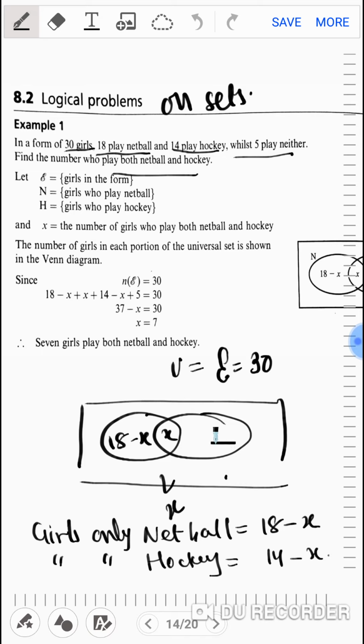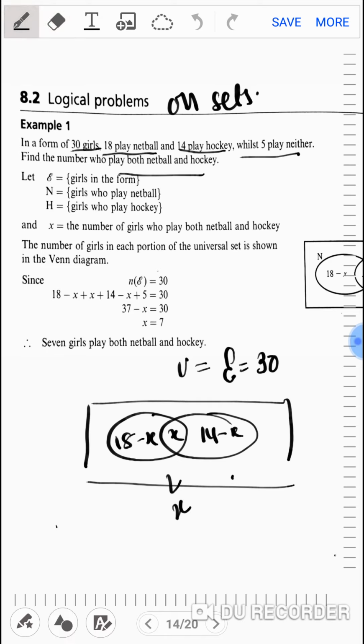I'll give you a formula now and you just have to substitute the values. This is your N, this is your H set.